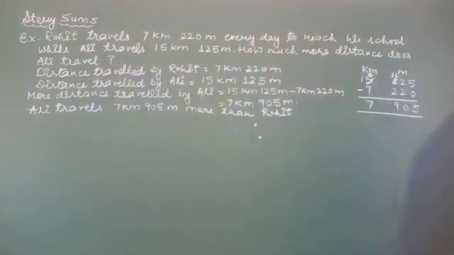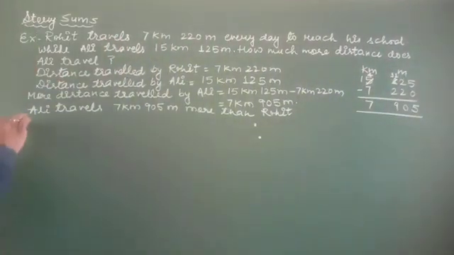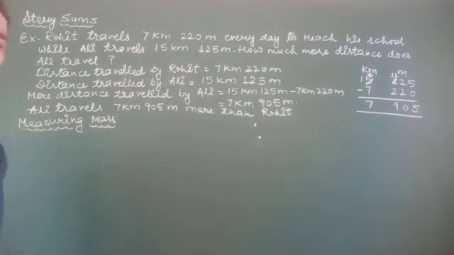Now the next topic is measuring mass. You know that the mass of an object is a measure of the matter that it has, and the units used for measuring mass are gram and kilogram.